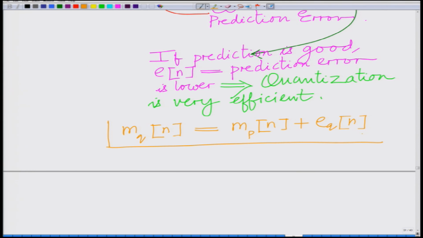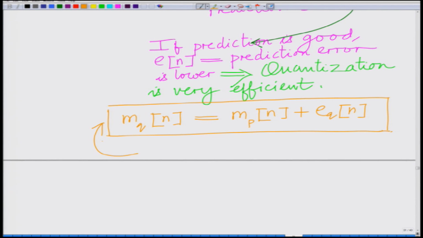This is your reconstruction. This is in fact the identical thing that is going to be used at the receiver.